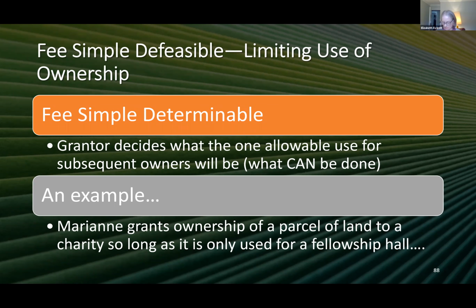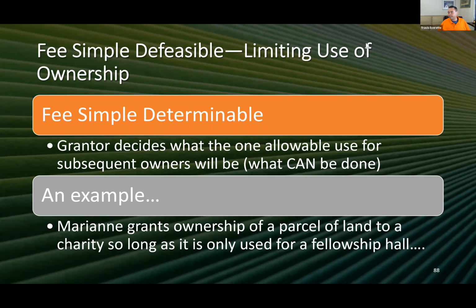Gotcha. So y'all help me identify which one is which here. Let's say that Jackie is purchasing a property from Sarah, and Sarah has dictated on Jackie's deed that Jackie may not place a hog farm on the property.